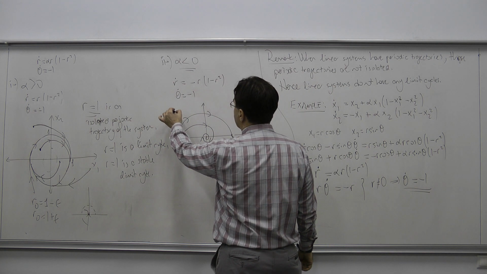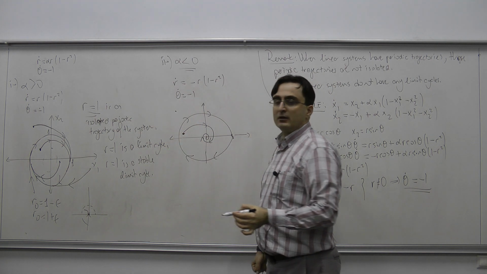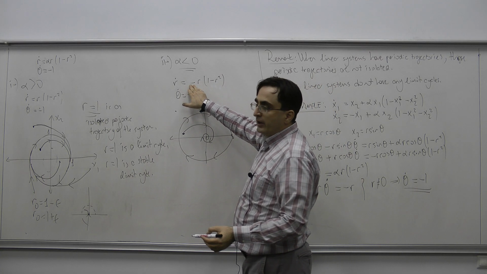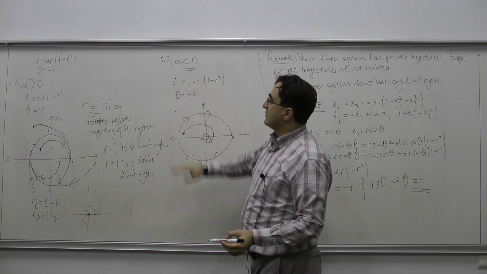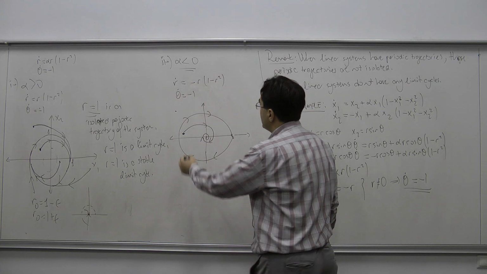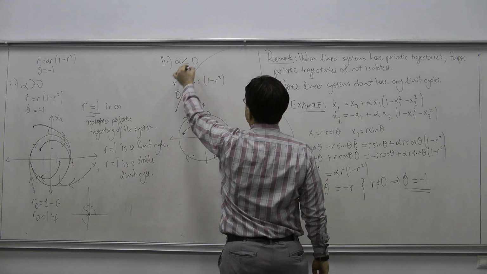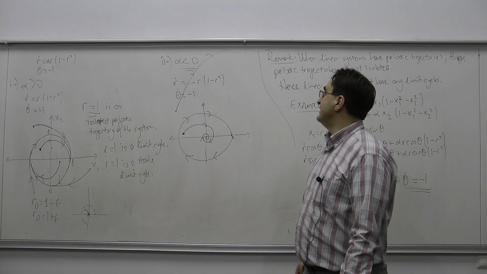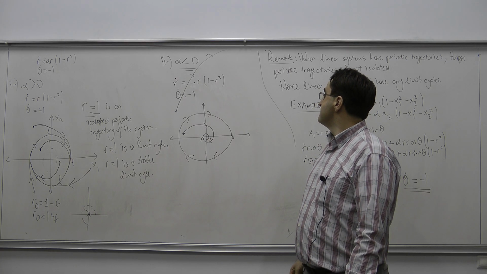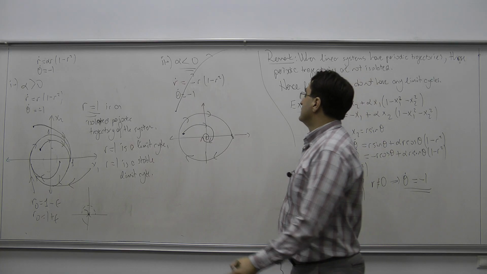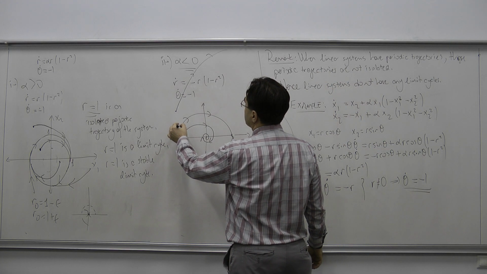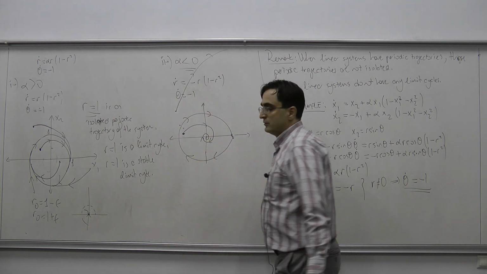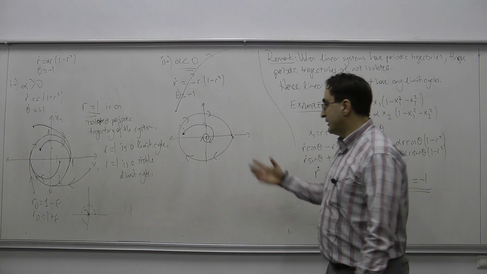What happens when we start the trajectories outside the limit cycle? In that case, 1 minus r squared is negative, and there is also a negative sign here, meaning that r dot is going to be positive. So r is going to get larger and larger, meaning that the trajectories are going to get away from the limit cycle again. So any trajectory started infinitesimally close to this limit cycle is going to get away from it.